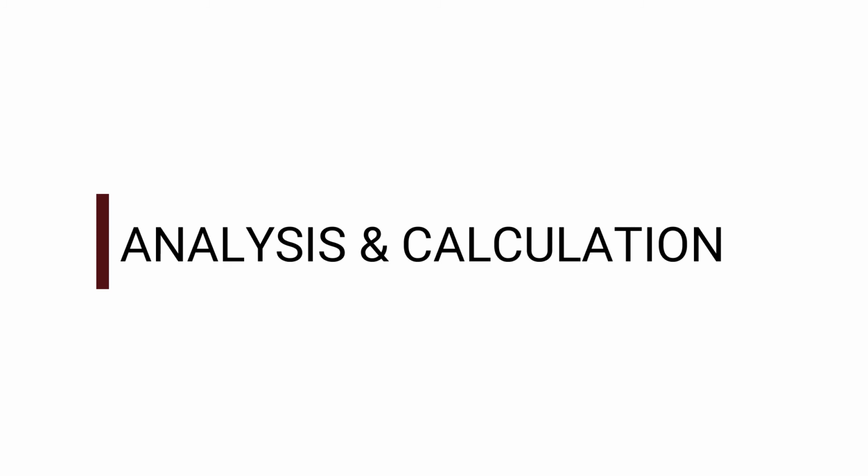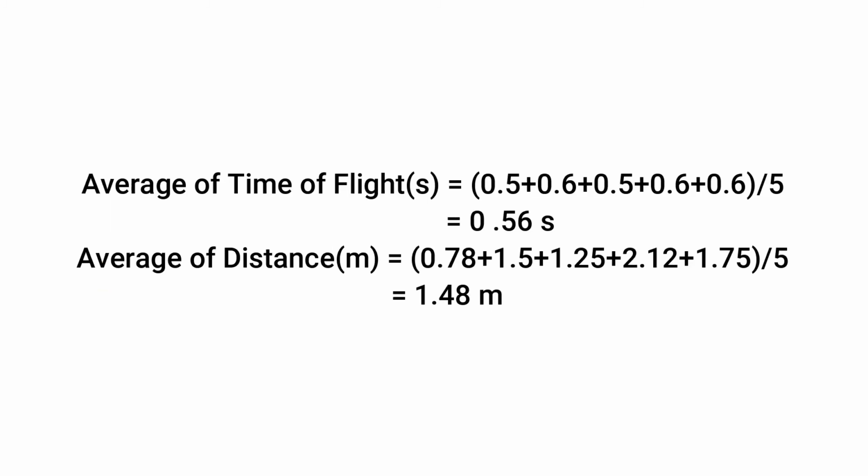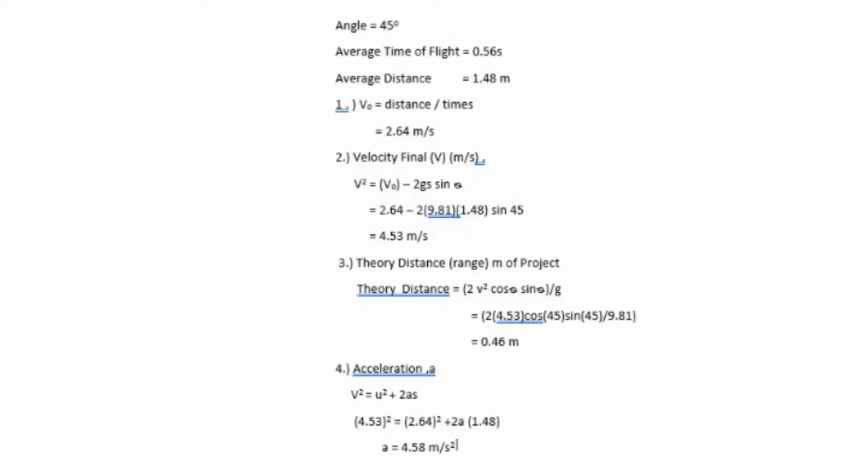Okay, from the calculation, we get an average time of flight of 0.56 and an average distance of 1.48 meters. The angle we take is 45 degrees, and then we calculate the initial velocity, final velocity, theoretical distance, range, and acceleration.